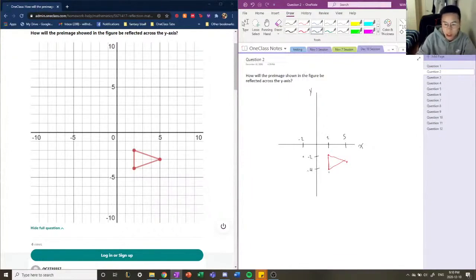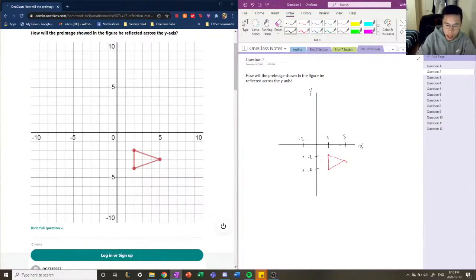Okay. Let's look at the second one. So the second vertex over here, it's also 2 units away from the y-axis, but it's also 4 units away from the x-axis. But since we're flipping it across the y-axis, we only need to be wary of the fact that it's 2 units away from the y-axis. So we're going to put it here at -2 and -4.